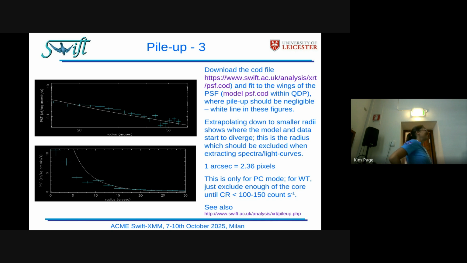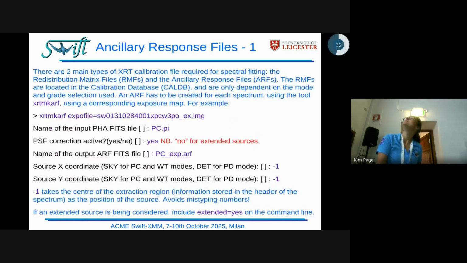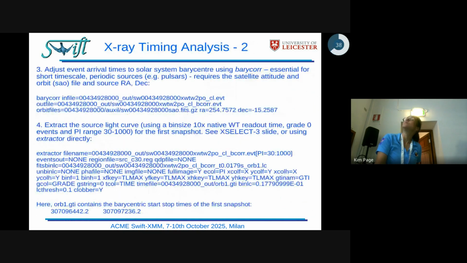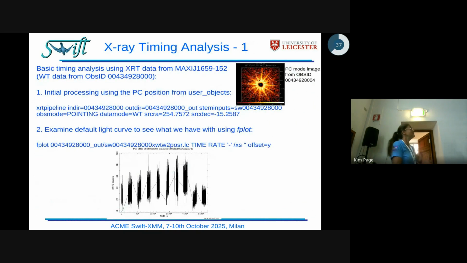Go on, Shakala. Yes, nice question. In the first slide, you showed this source, which is extremely bright, right? And you mentioned that you went to the analysis of the WT data because of the kind of data.